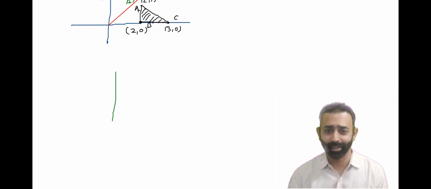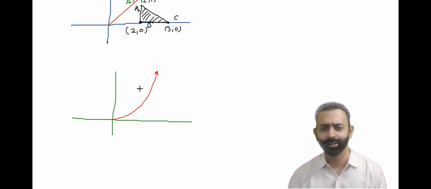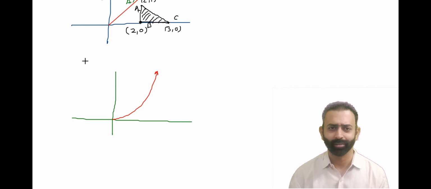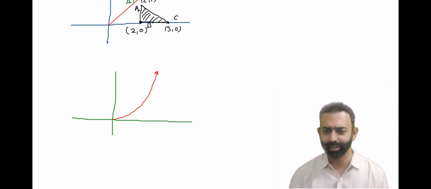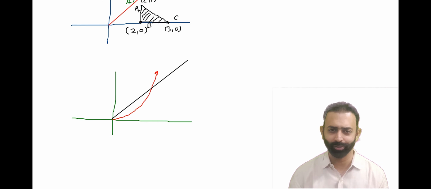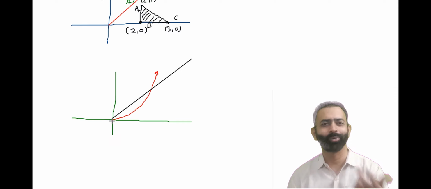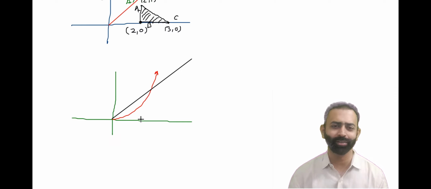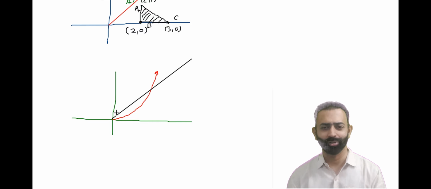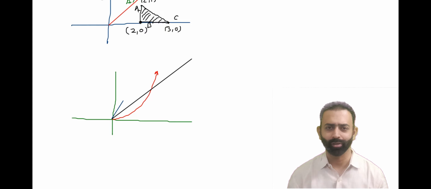So if there is a graph y = x squared, only for positive x, and there is a line, let us say y = x, you always need to draw the y = x line, and we need to obtain the inverse function. So what you do is you take just the mirror image of this.